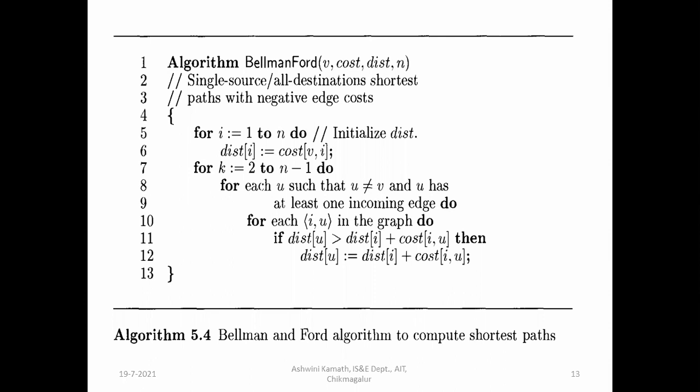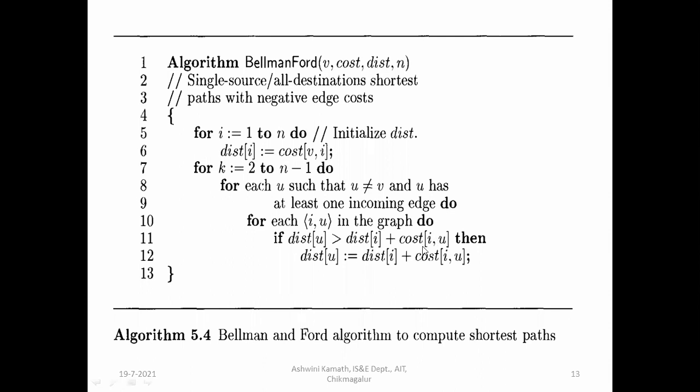For each u such that u not equal to v and u has at least one incoming edge, do. For each i comma u in the graph, do: if distance of u is greater than distance of i plus cost of i u, then distance of u is equal to distance of i plus cost of i u. This new value, distance of i via cost of i u, will be considered if it is the minimum value.